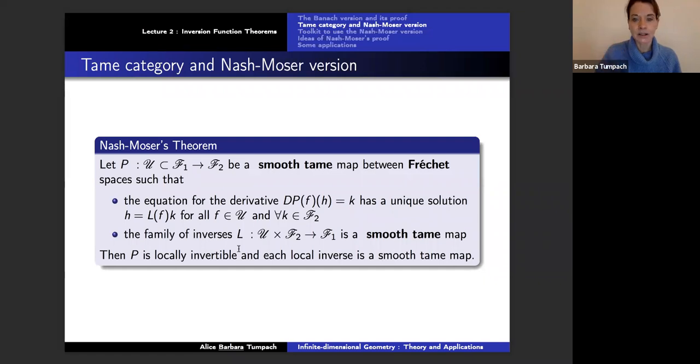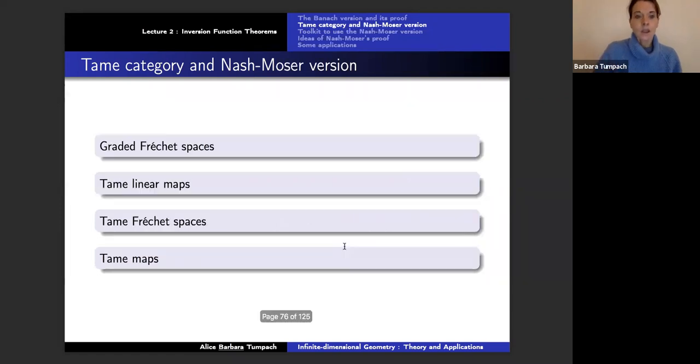So the equation given by dP of f applied to h is equal to k has a unique solution for any f in a neighborhood and any k in the Fréchet space. And the family of inverses, I call them L, is also a smooth Tame map. Then P is locally invertible. So here we impose invertibility in a neighborhood and some Tame condition. So we have to explain what Tame means.